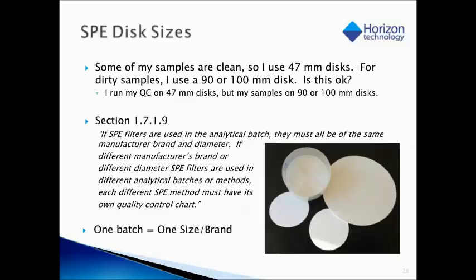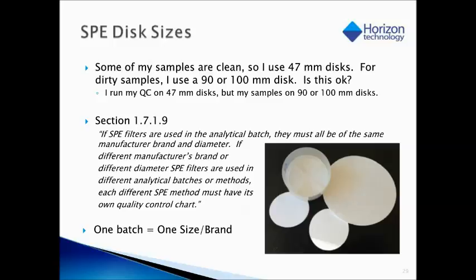Another topic that frequently comes up is, in the past and even now, what we normally tell people is that smaller diameter SBE discs can be used for clean samples, while larger diameter discs can be used for dirty ones. So can you use a 47 millimeter disc for clean QC, the quality control samples, and a 100 millimeter disc for dirtier samples, all within the same batch?